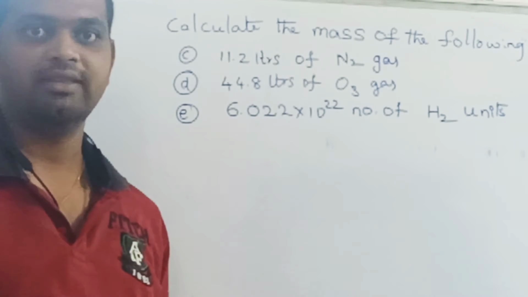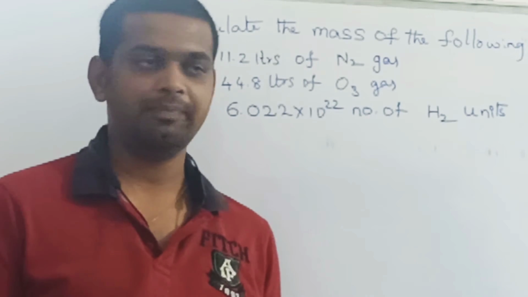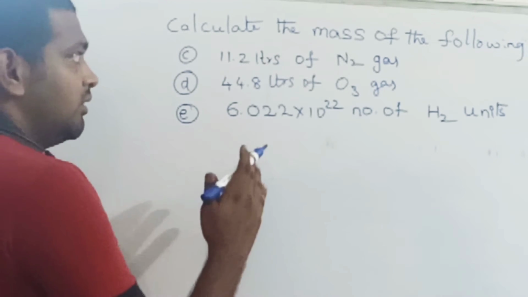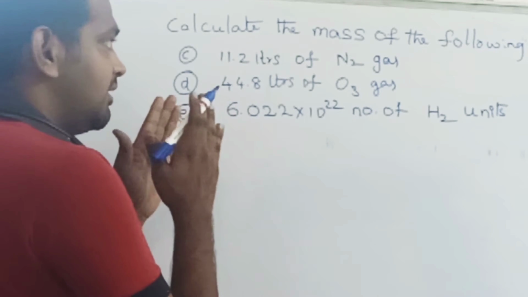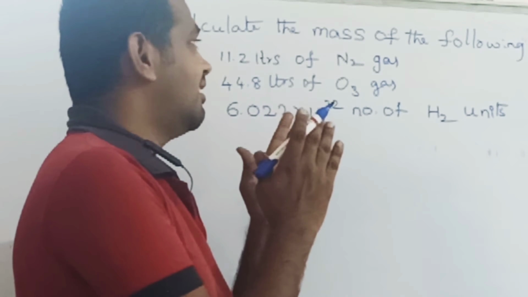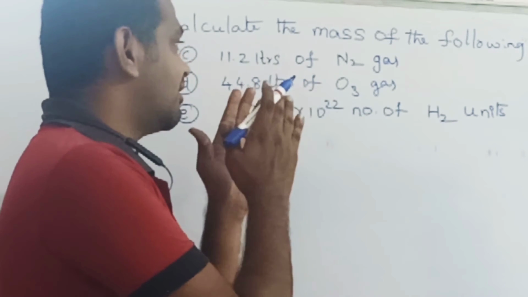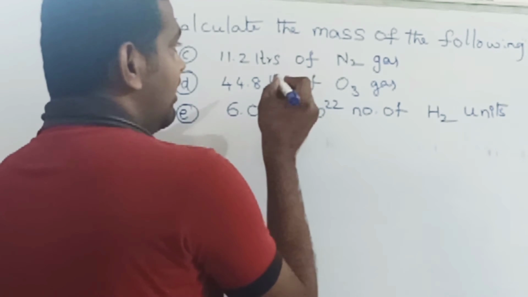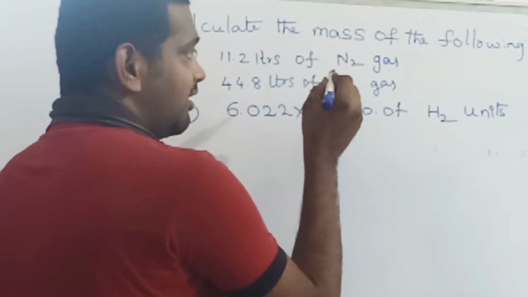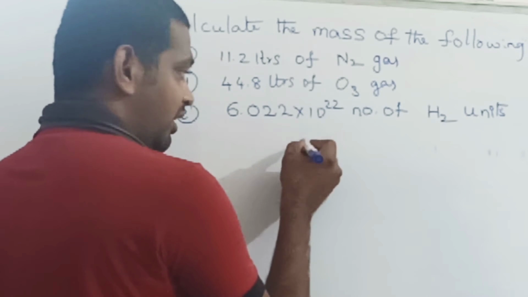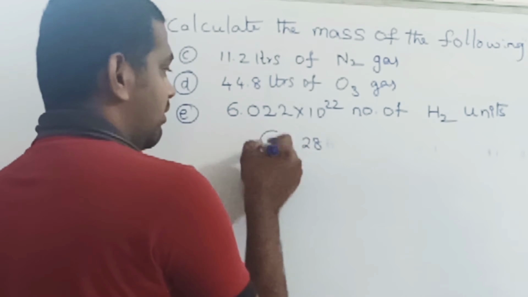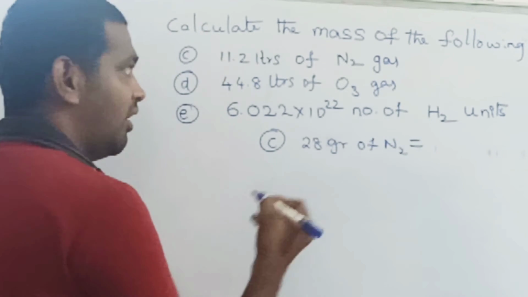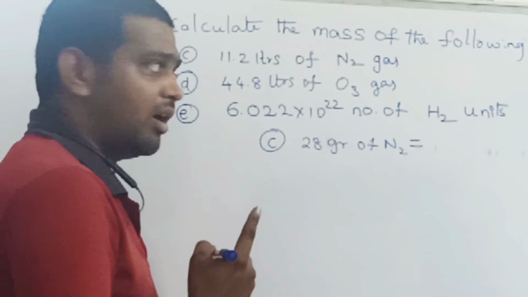Now I am going to solve more problems without using the formula. The first question is 11.2 liters of N2 gas. Here nitrogen gas is given in terms of liters, and we want to express it in terms of mass. 1 mole of nitrogen occupies 22.4 liters. 28 grams of nitrogen is 1 gram molecular mass.